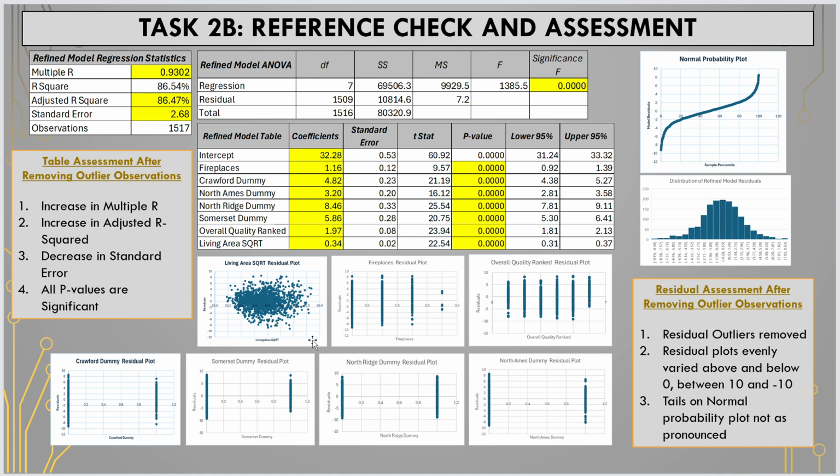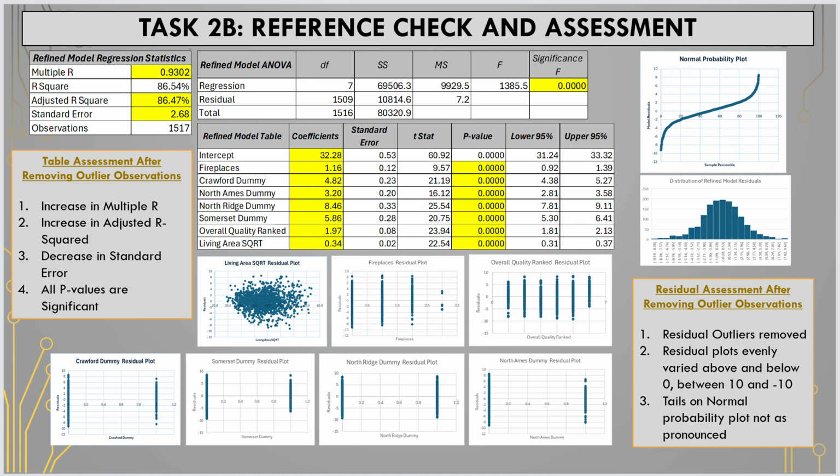We can see that we don't have those outliers that are floating out in space, far away from the rest of the values in each of these plots. We can see that for the most part, the values are constantly varied above and below that line of 0. And you can see in each of these plots, they're between -10 and 10. So a consistent range above and below 0.